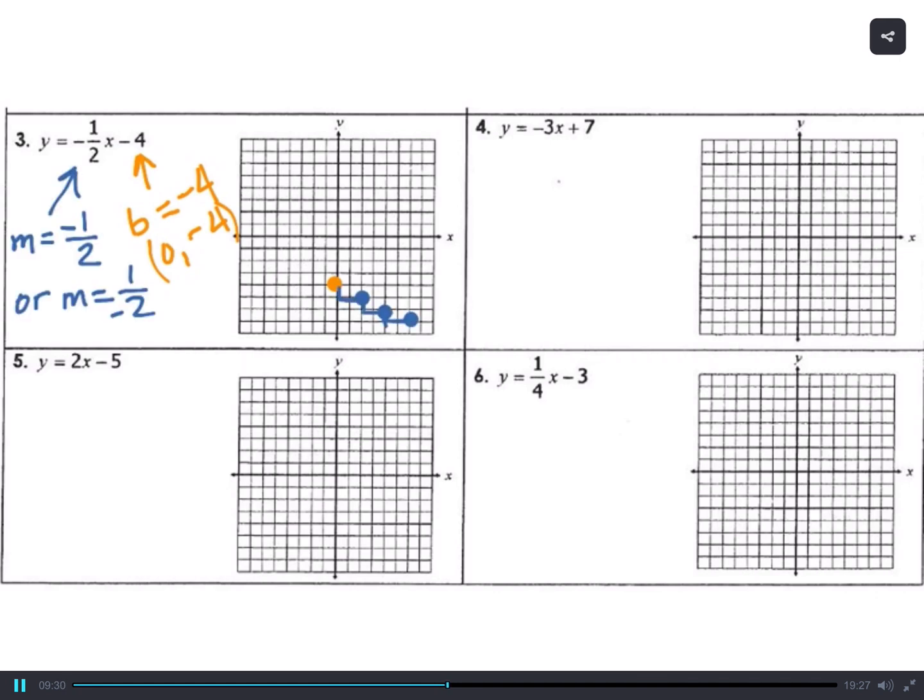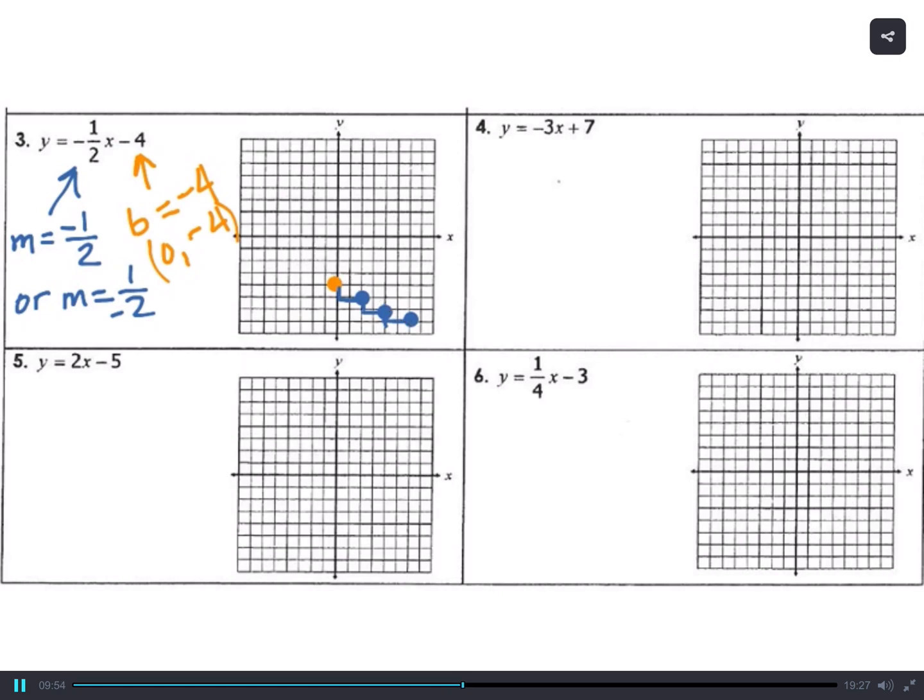So I've identified my slope, and I have plotted some points using my slope, down 1, to the right 2. I didn't think it was necessary to change directions this time. You don't always have to. It's just important to know that it is an option for you if you run out of graph.